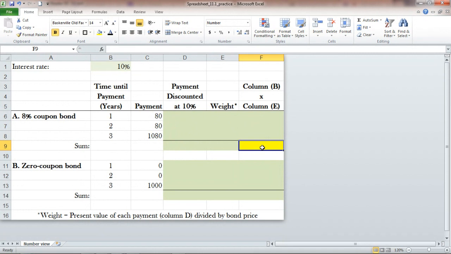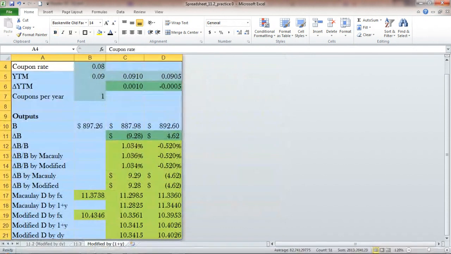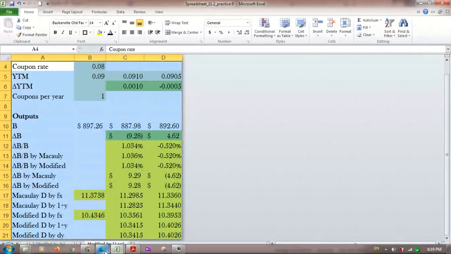And if you add them up, that's the duration, the effective maturity. I also told you that the duration of a zero coupon bond is the same thing as the maturity. There's no difference because there's no coupon payment. But duration can also be calculated another way.